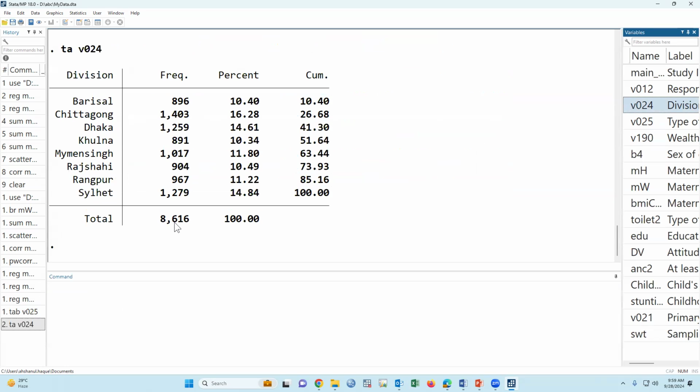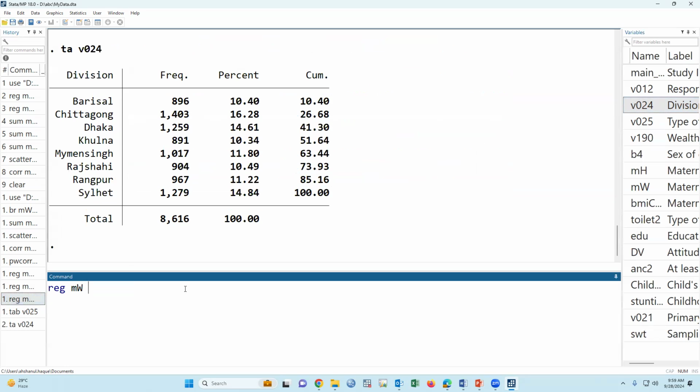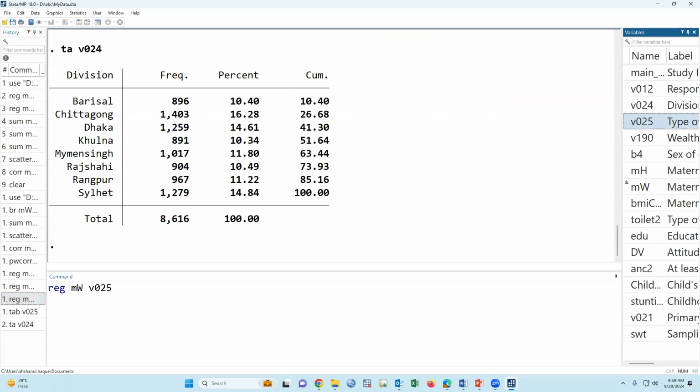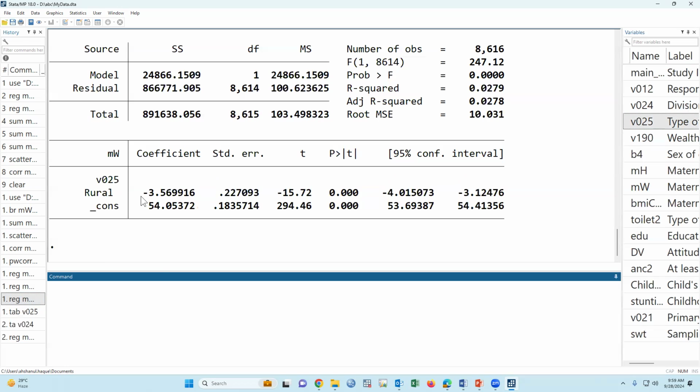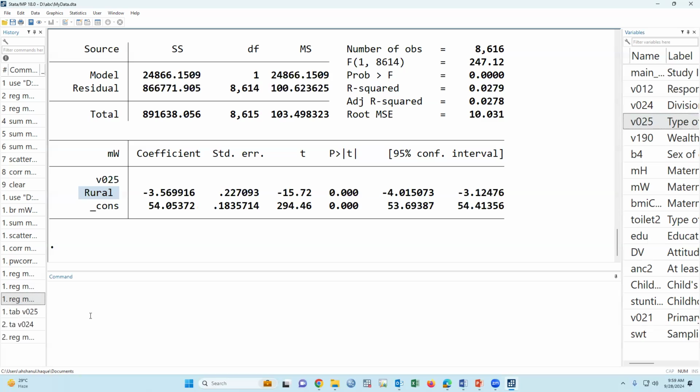Then how to adjust? Remember please, for a category variable, we have to type i dot. The rural.